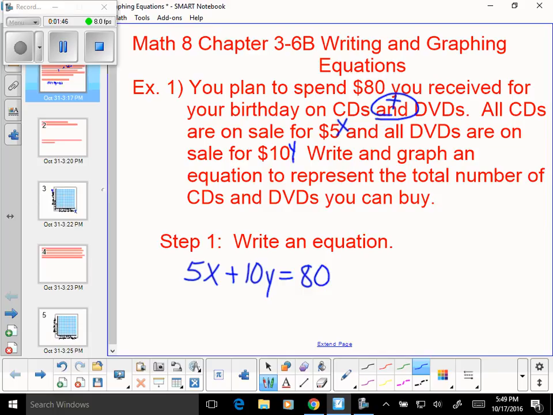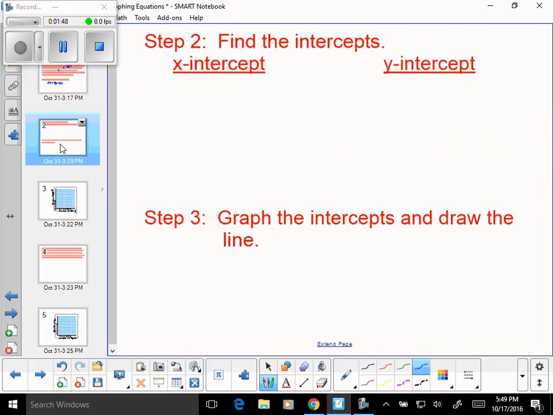Now we're going to work with the intercepts. To find the x-intercept, let's say that I'm going to spend all my money on CDs. I'm not going to buy any DVDs. So I'm going to have 5x plus 10 times 0 equals 80.